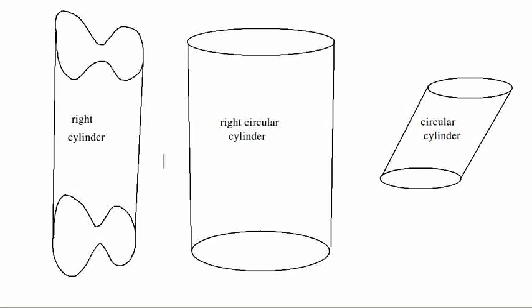Now I'd like to discuss the volume of cylinders. I will focus on right circular cylinders because they're the most common. So let me draw an example of a right circular cylinder. And the area of a circle is equal to pi times the square of the radius.